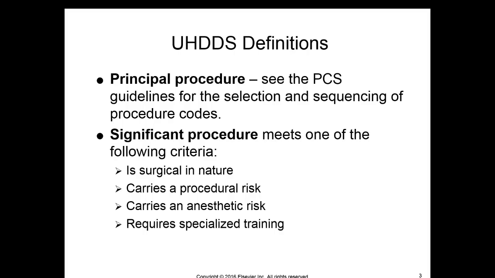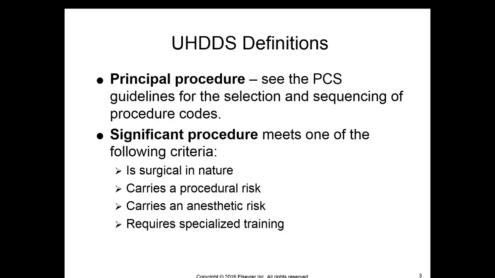In this next example, a diagnostic procedure was performed for the principal diagnosis. Let's say that a patient came in with a diagnosis of breast mass and they did a breast biopsy, and a procedure is performed for the definitive treatment of a secondary diagnosis. Let's say while the patient was in the hospital, they broke their hip and they had to have a hip replacement.